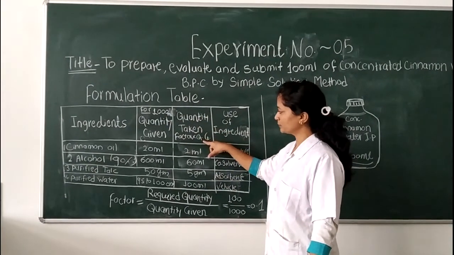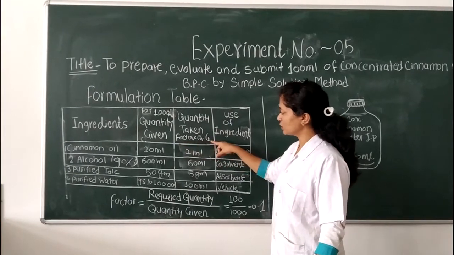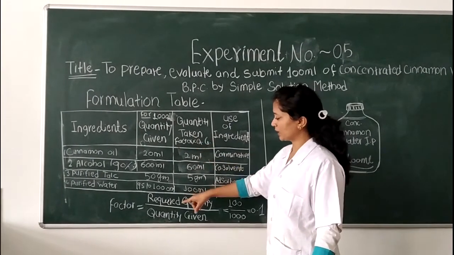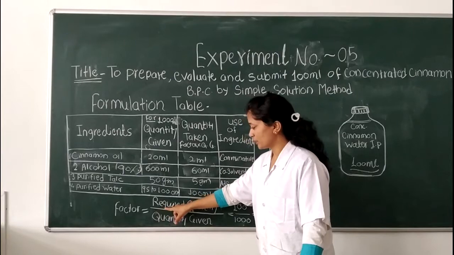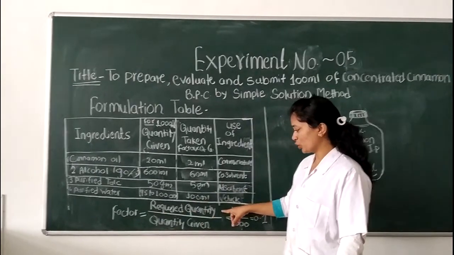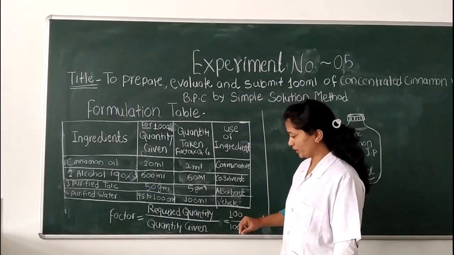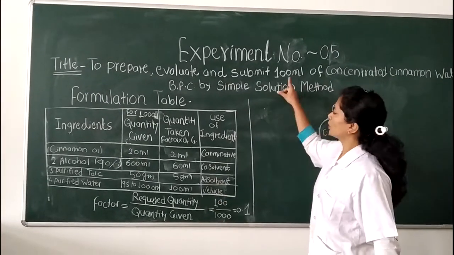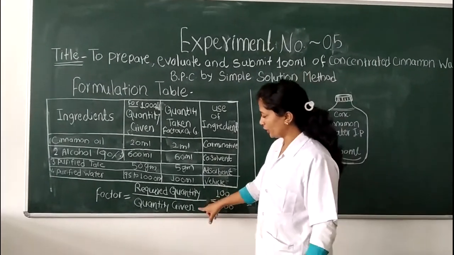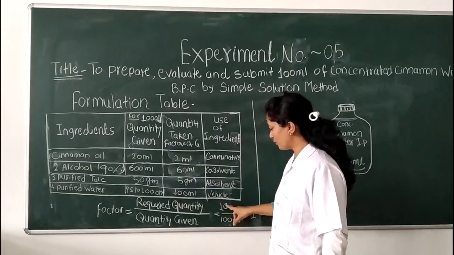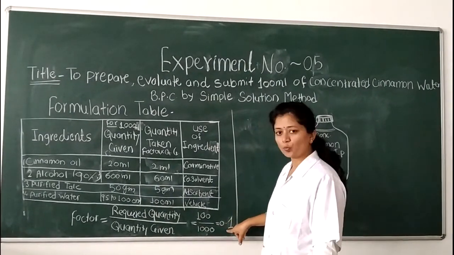Then the quantity taken, which is calculated from the factor times the quantity given. The factor is equal to the required quantity upon the quantity given. Our required quantity is 100 ml and the quantity given is 1000 ml, so our factor will be 0.1.